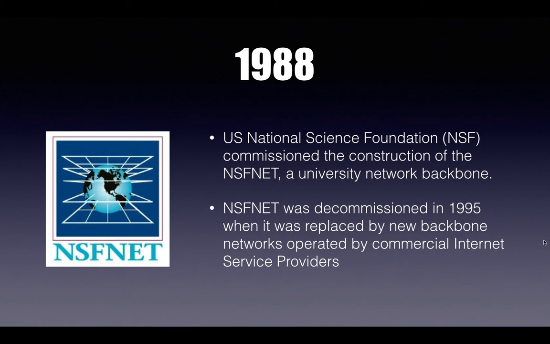Okay, by 1988, more different institutions were getting interested in this internet thing. An organization called the US National Science Foundation decided to construct their own internet, which would be essentially a university backbone connecting different university networks.